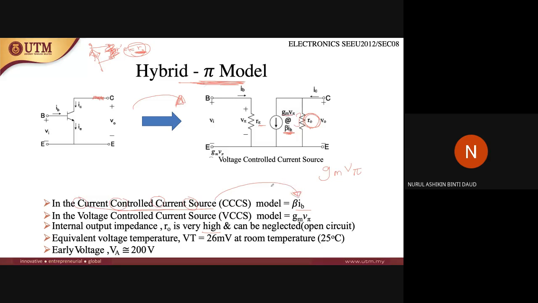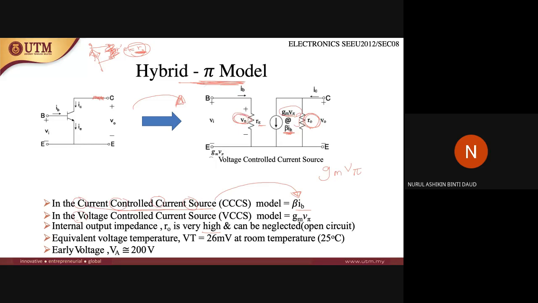In some cases, the IC value here can also be represented as GM V pi. What does that mean? It means that the current here is controlled by the voltage at the base, V pi, so it is a voltage controlled current source.